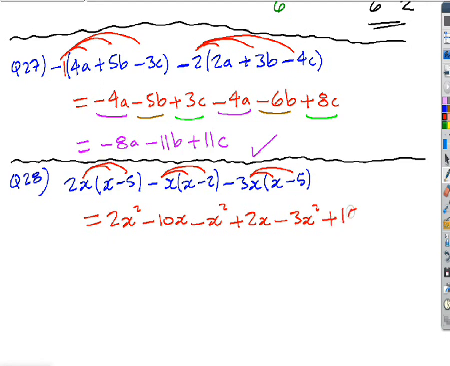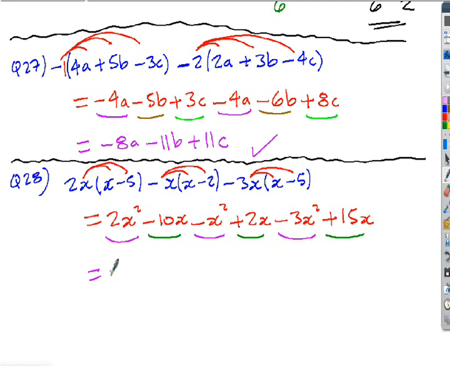Again, my like terms, I've got a positive 2x squared, a negative x squared, a negative 3x squared, and I've also got a negative 10x, a positive 2x, and a positive 15x. So looking at the x squared terms, I've got 2x squared minus x squared minus 3x squared.